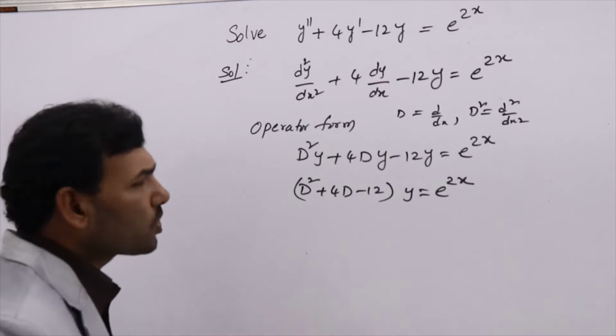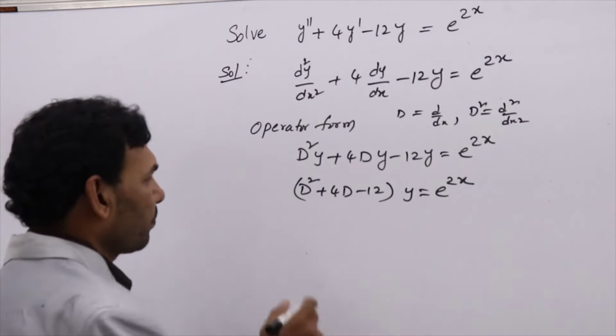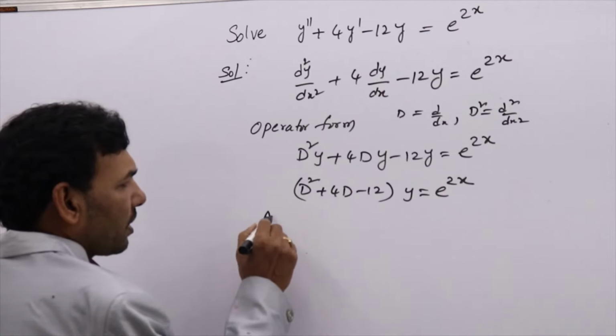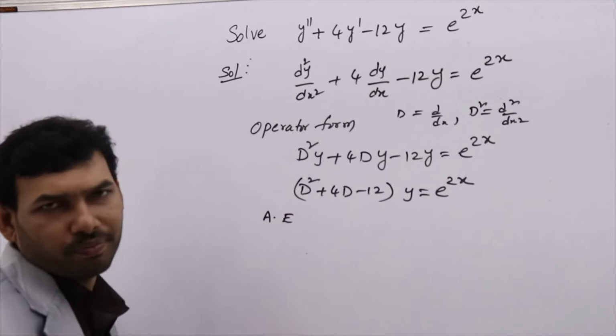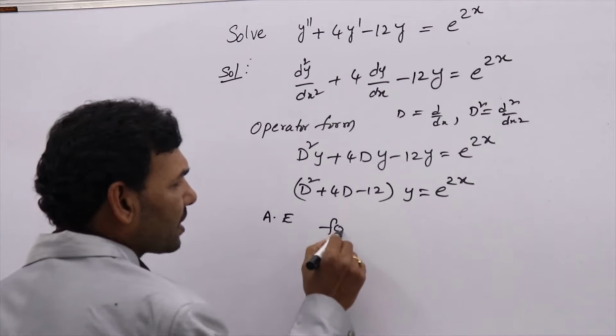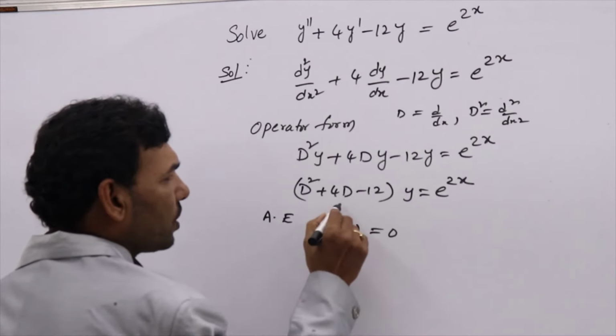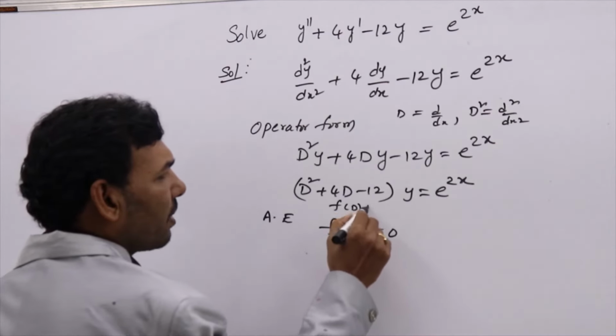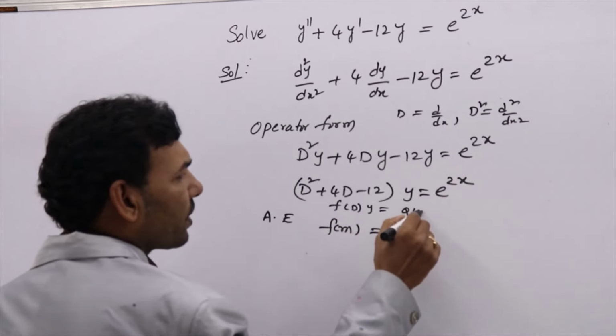Now, from this we need to find the complementary function. How to find the complementary function? Write the auxiliary equation. The auxiliary equation is f of m equals 0. Treat this as f of D into y equals Q of x.